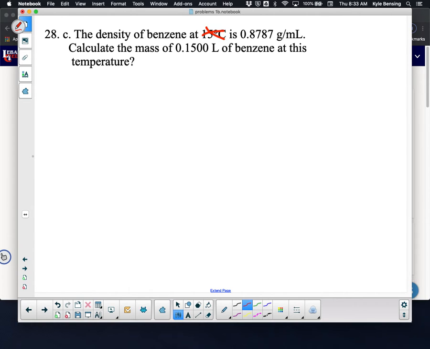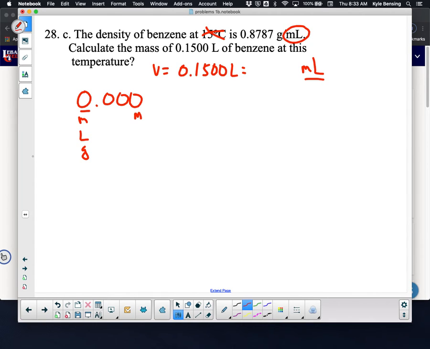The first thing I'm going to do is change my volume from 0.1500 liters to milliliters, so that the milliliters in my density and in my volume are the same. If you remember the line I've shown you before, where meters, liters, and grams are at the ones place, and milli is over in the thousandths place, to go from liters to milliliters, I go 3 places to the right.